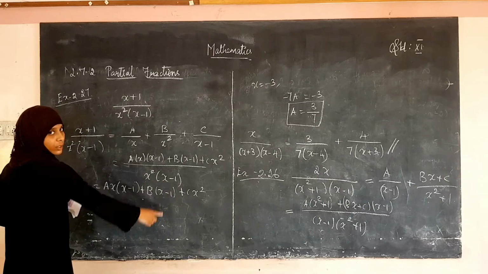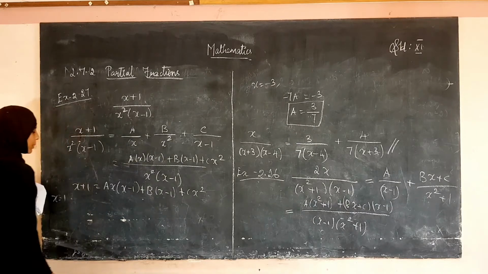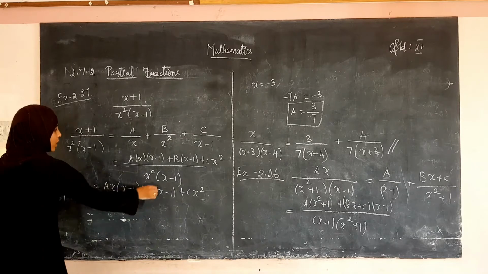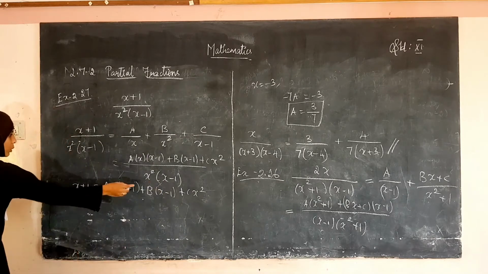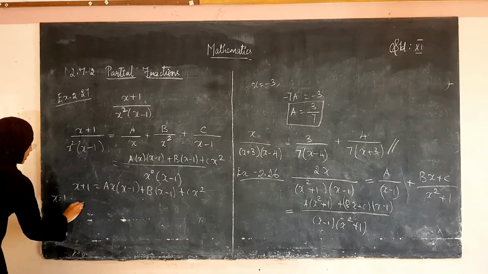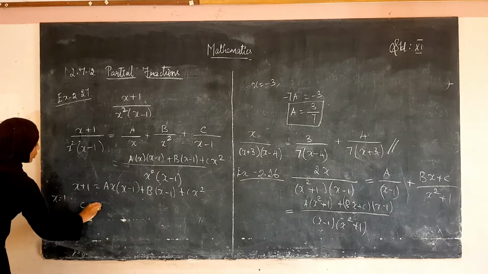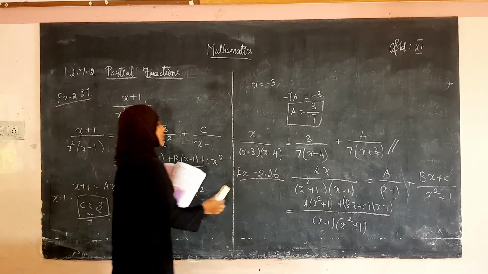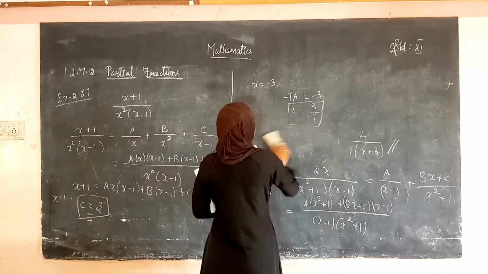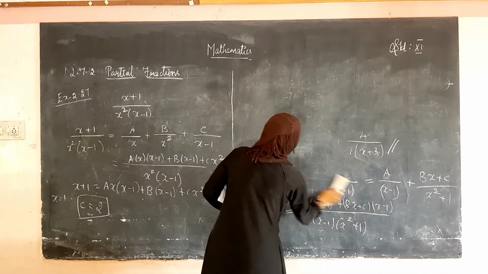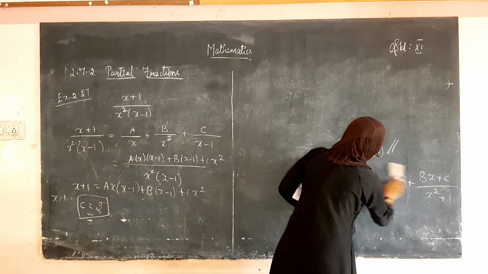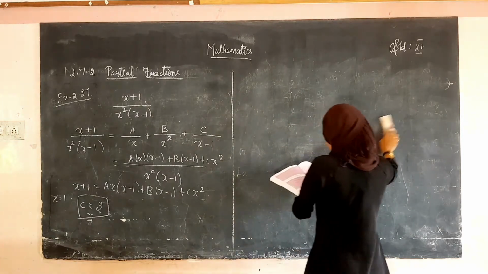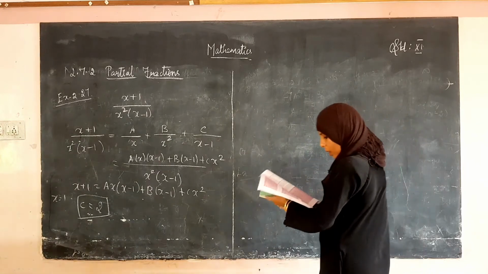The x value 1. So x is equal to 1 means what happens? This term becomes 0, this term becomes 0. So 1 plus 1 is 2, c is equal to 2. What's the value of c? C becomes 2. Okay.